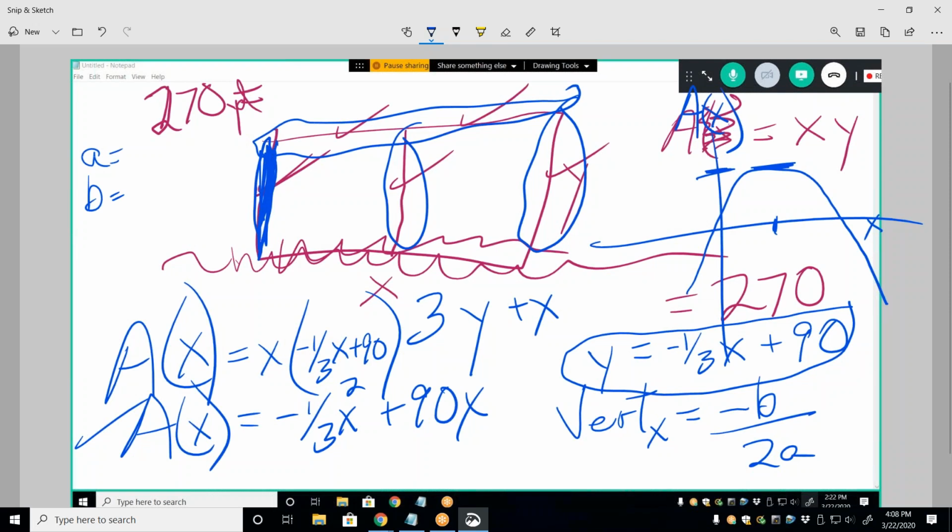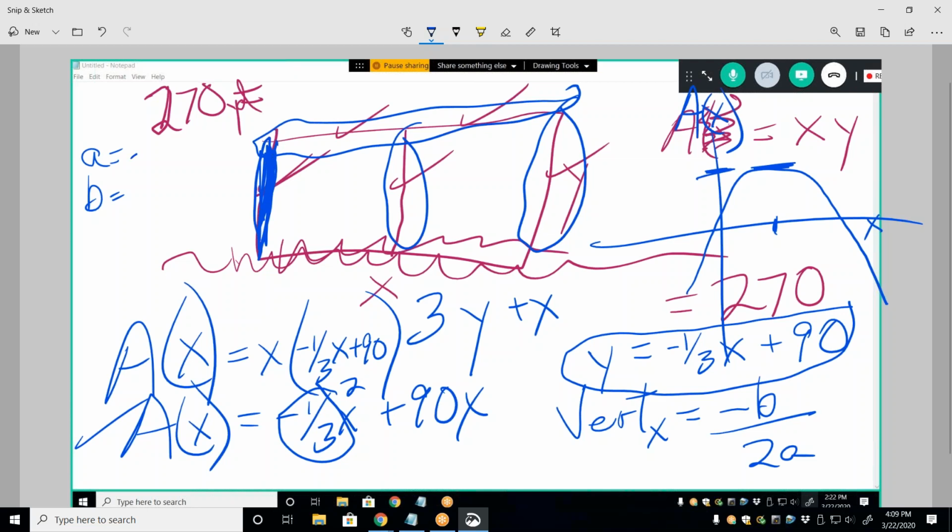Notice we don't care about c. We only care about a and b. What's a? A is the coefficient of the x squared term. Whenever you have a quadratic and you're trying to figure out what a, b, and c are, they do not have an x with them. It's always the coefficients only.